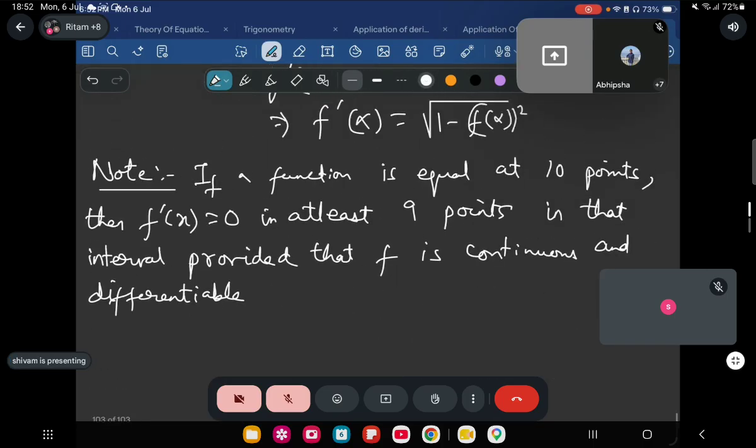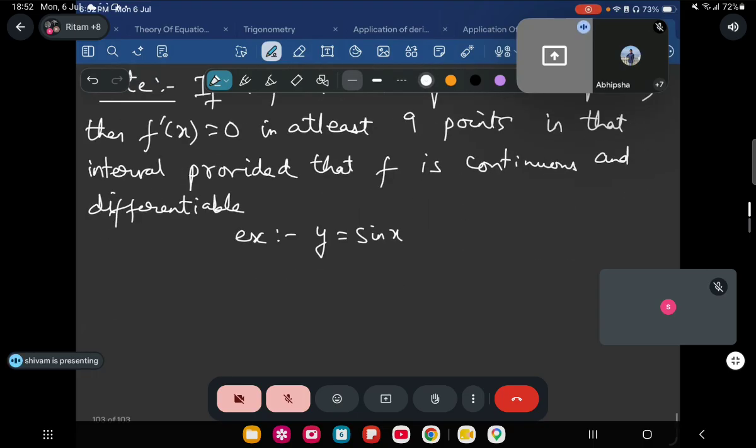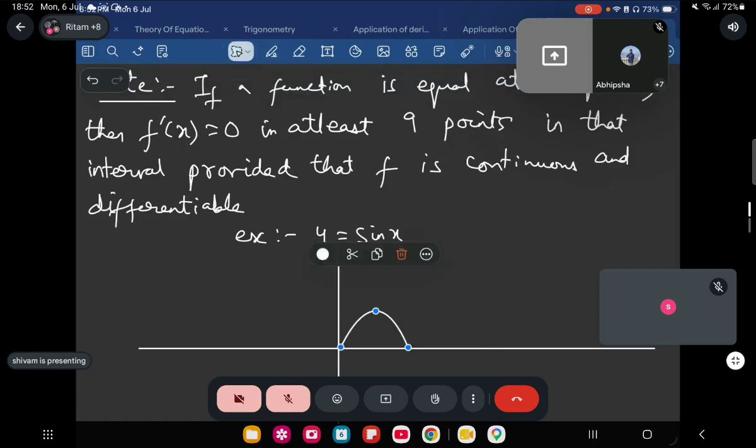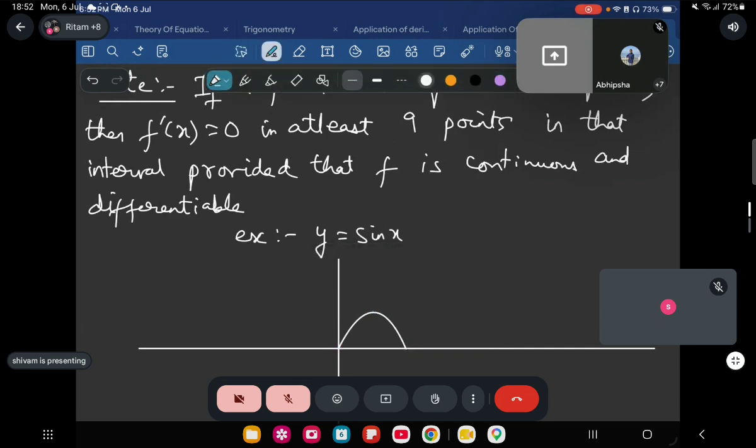Okay, like for example, y is equal to sine x. In case of y equal to sine x, you see, this is y equal to sine x.